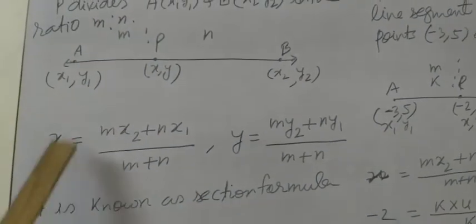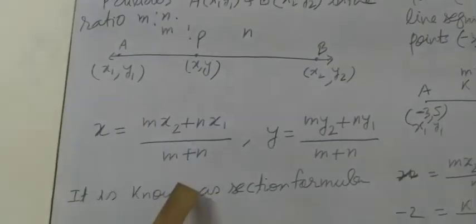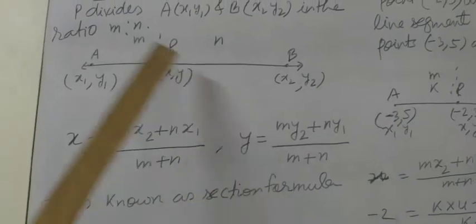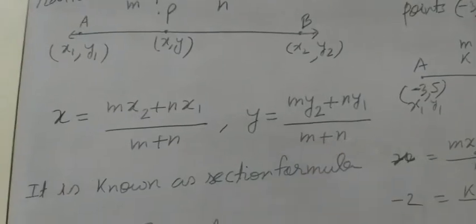So x equals mx2 plus nx1 upon m plus n, and y equals my2 plus ny1 upon m plus n.